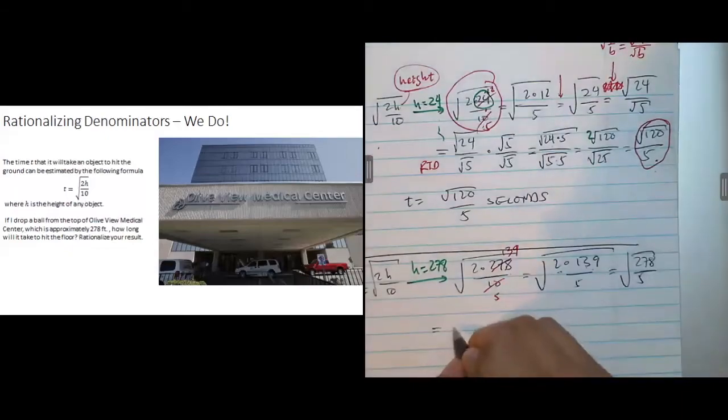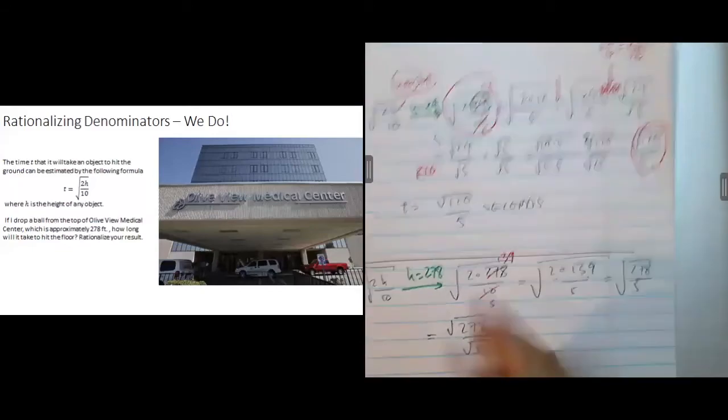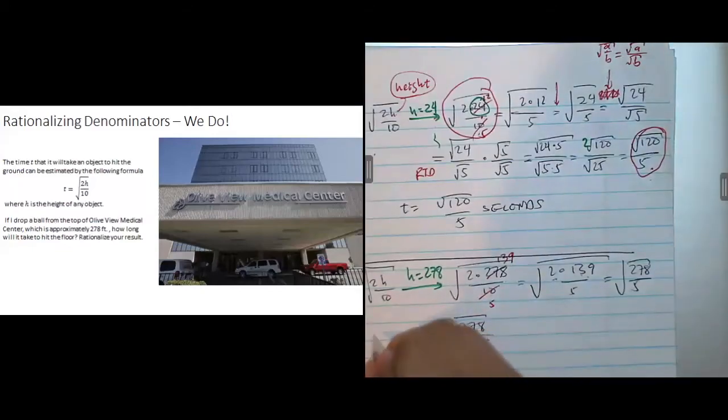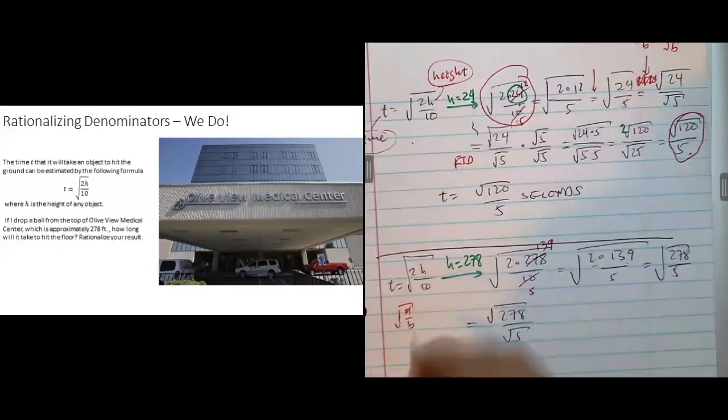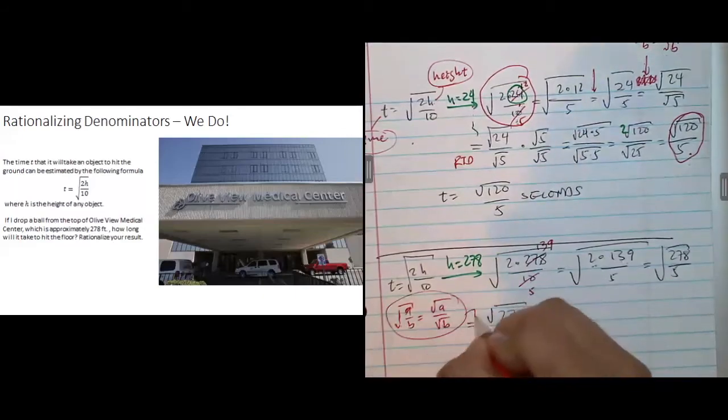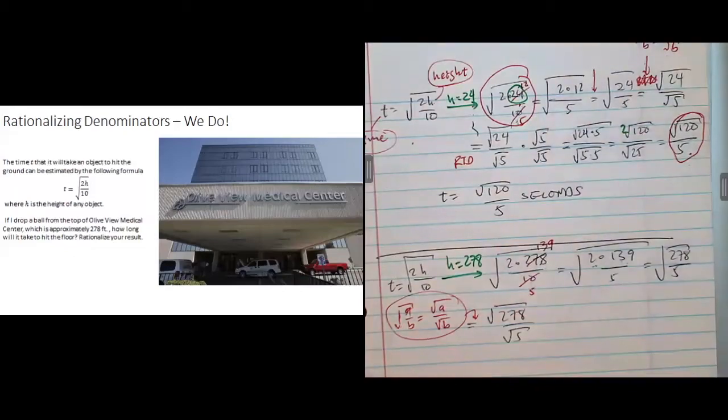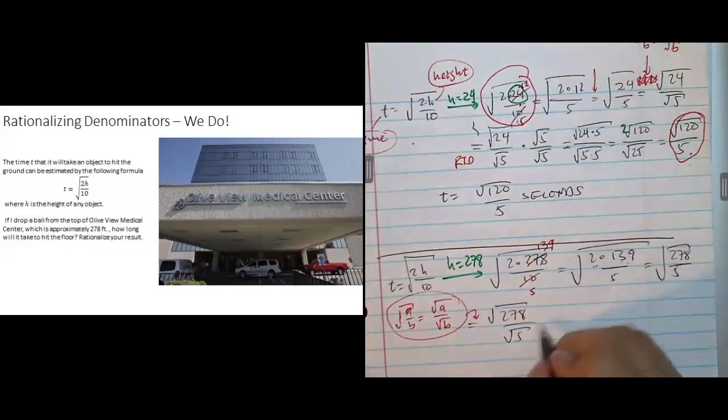I can split it: the square root of 278 over the square root of 5. I'll write the rule here again: the square root of a over b is equal to the square root of a over the square root of b. That's the rule that I used here.